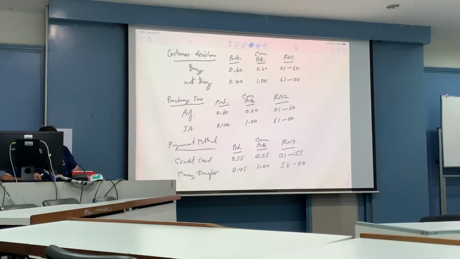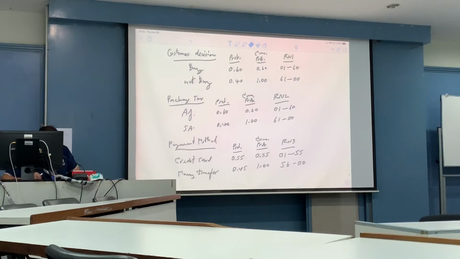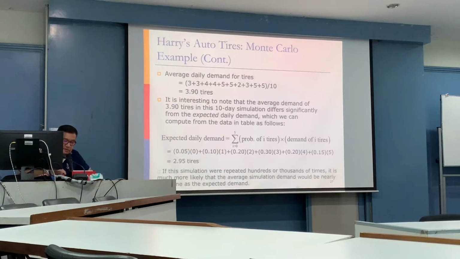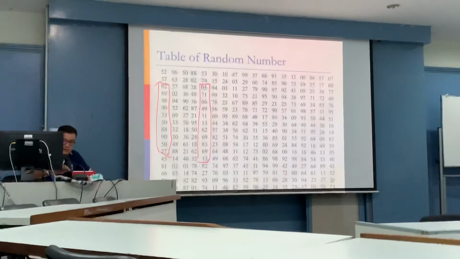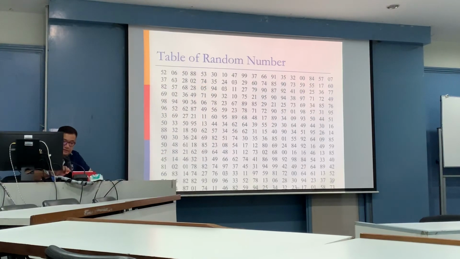Suppose that I'm going to use the information from the first row, the 10 numbers starting with 52.